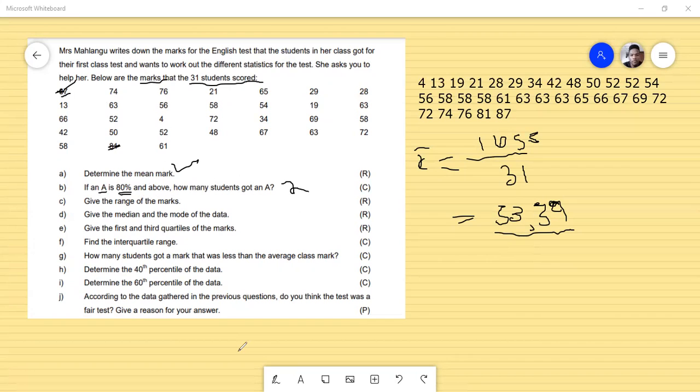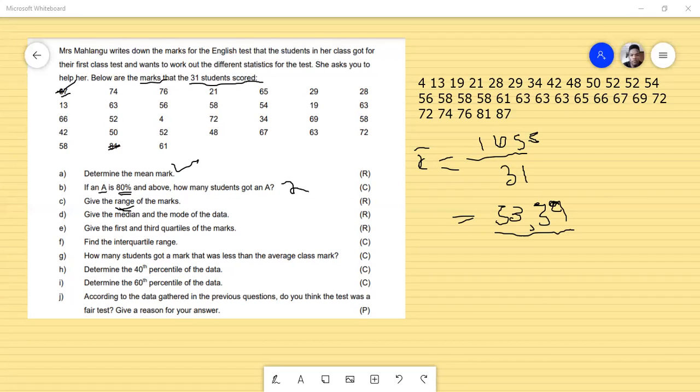And then we come to the third question, which says, give the range of the marks. What did we say range is? Remember we have range, and then we have the interquartile range. Here they just said range, and range is your maximum minus your minimum.